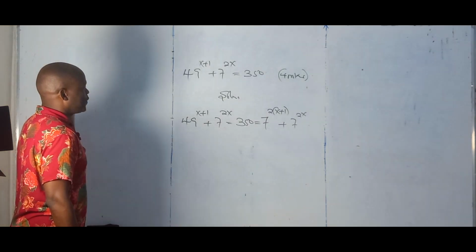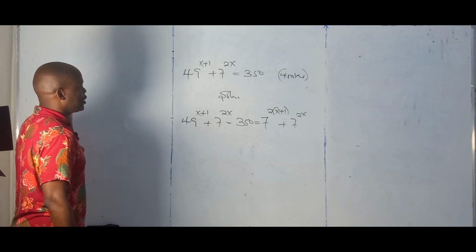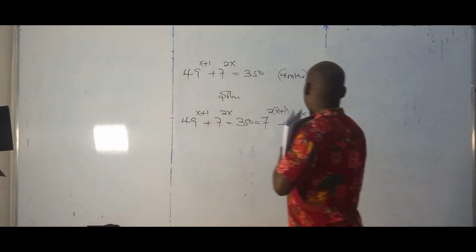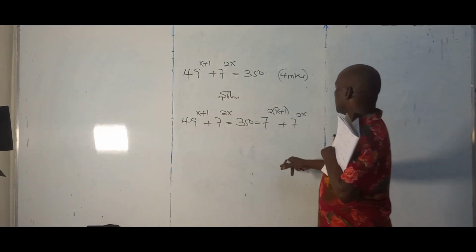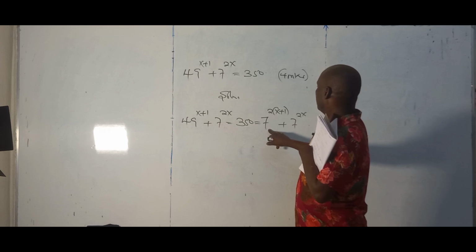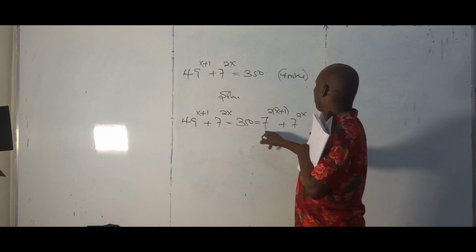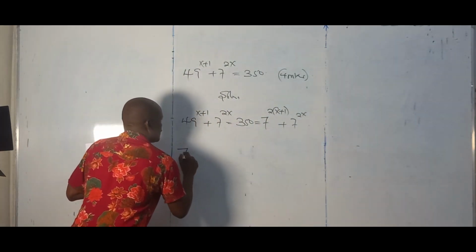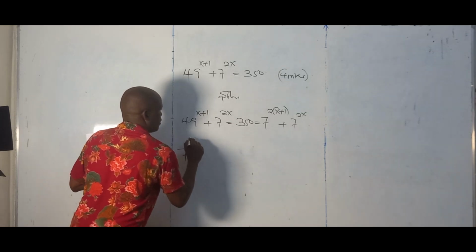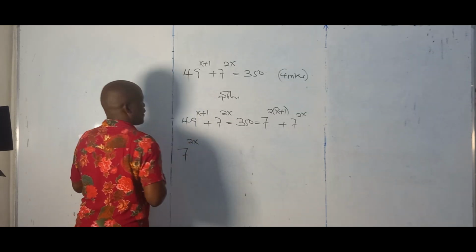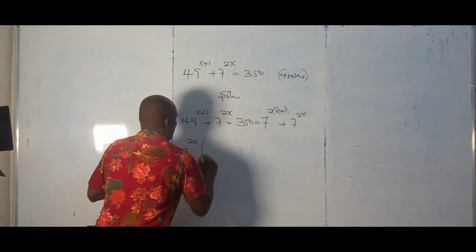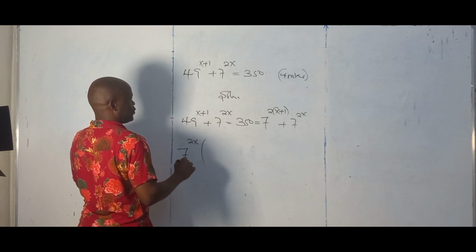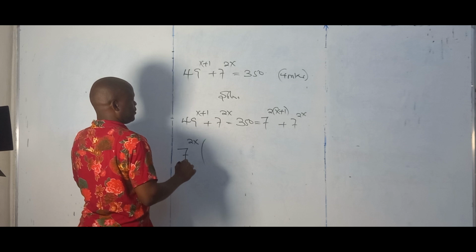The second step is to try to see what that looks like. I want to factorize because I see that 7 raised to power 2x is common in both. So I will write 7 raised to power 2x in bracket.